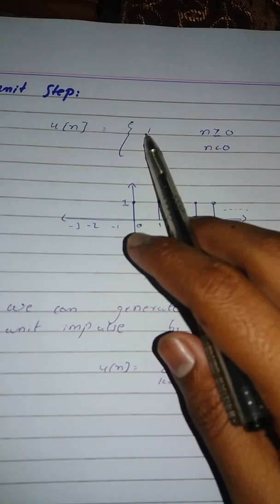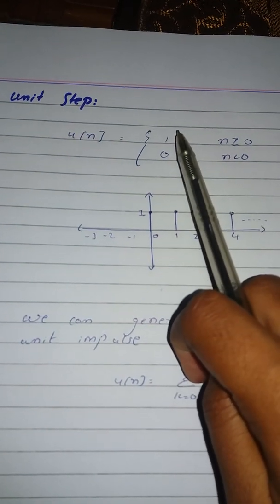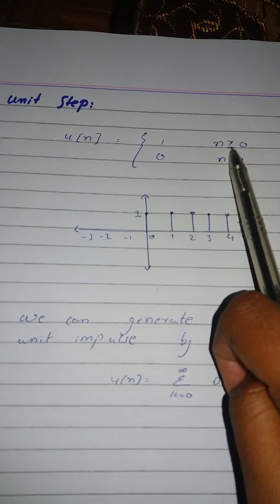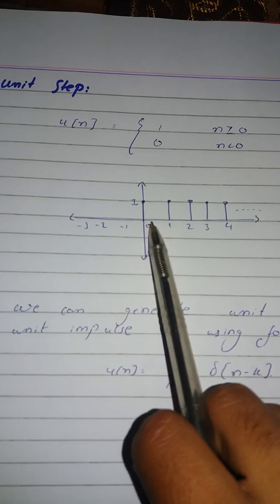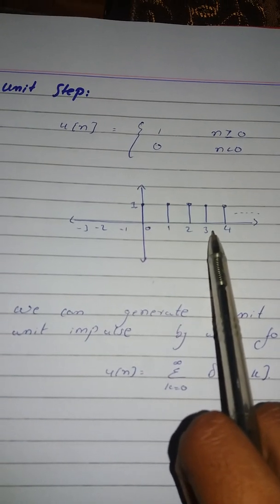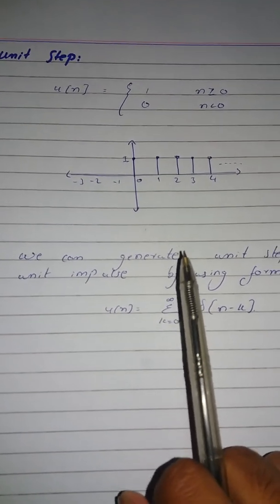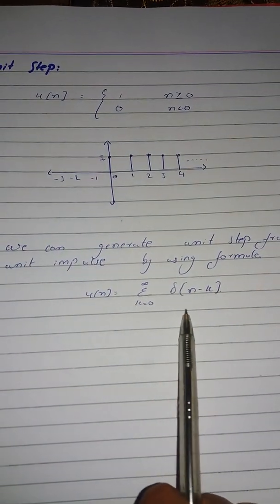The unit step signal has one amplitude for the interval greater than or equal to 0. Here you can see that from 0 onward we have the signal, and we can also convert them. For example, we can generate the unit step from the unit impulse by using this formula.